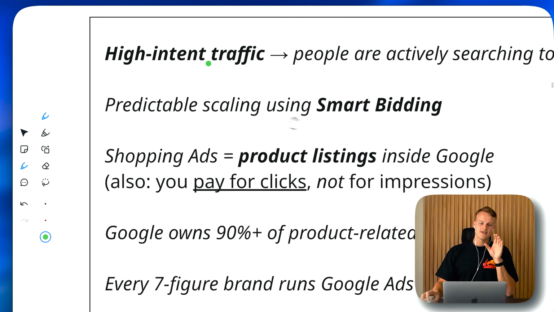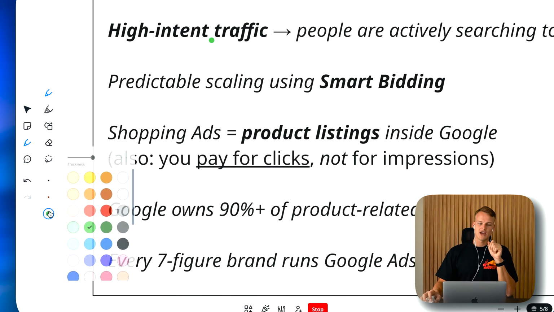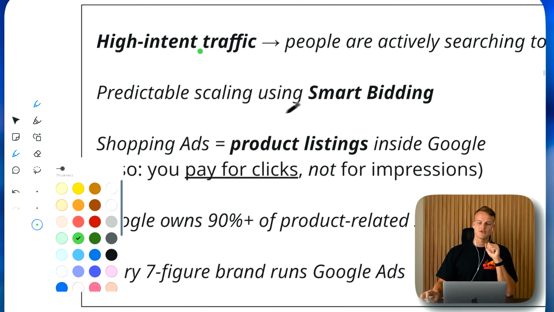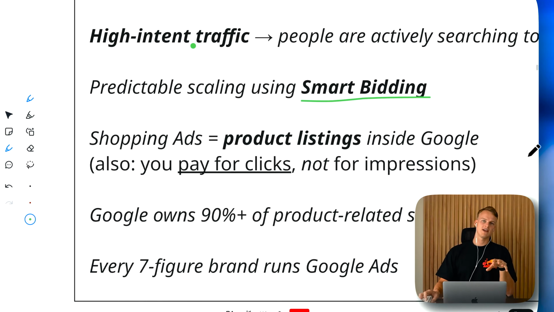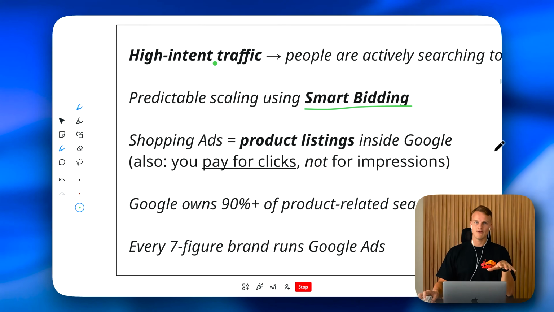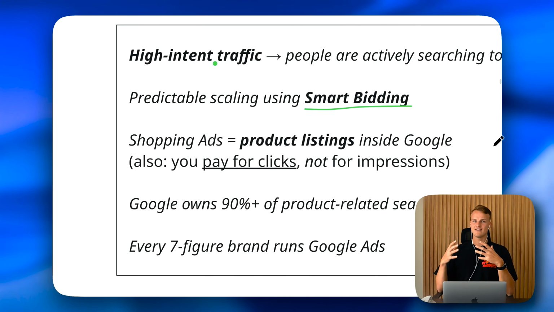When using Google Ads, we have very predictable scaling because we use something called smart bidding. And smart bidding is basically an AI-powered bidding strategy within Google Ads where we can tell the algorithm which ROAS we want to get, or which cost per action we want to pay.